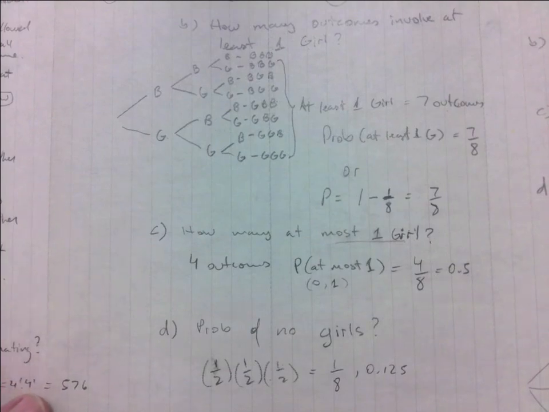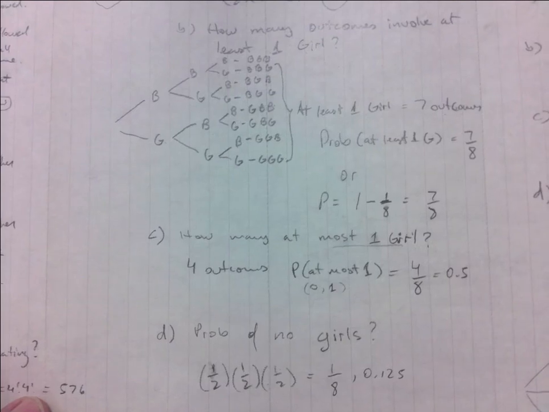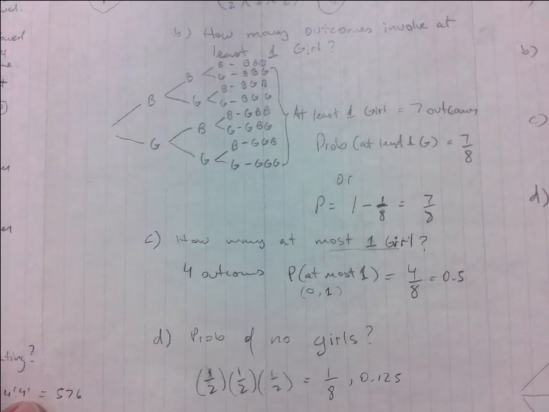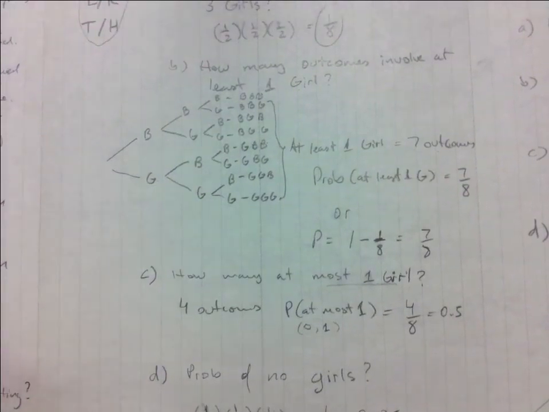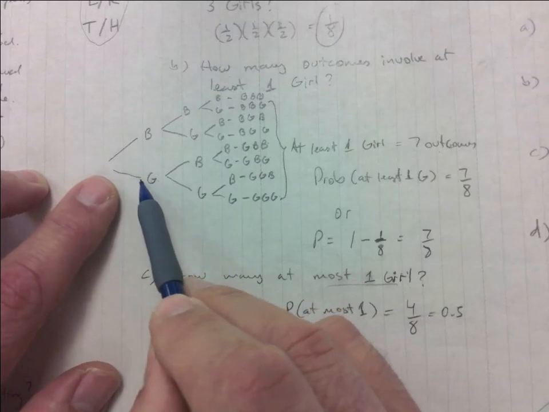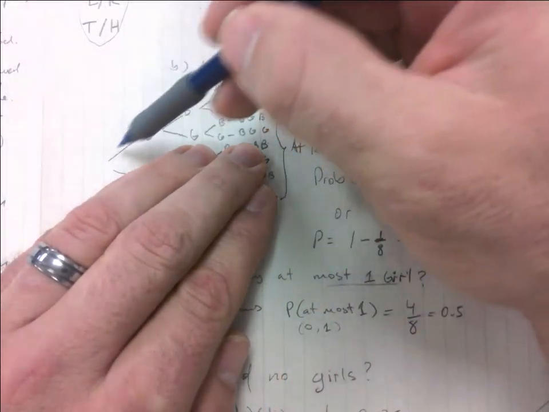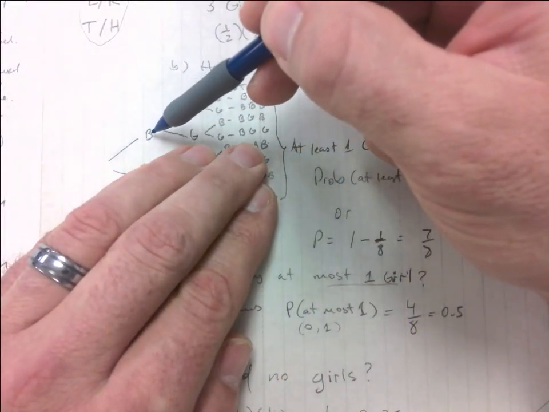Now, what if this question said the first kid was a boy, for sure? Then technically, this first branch here, the one that goes towards the girl, is all ruled out, right? If the first one is a boy, then that's fixed.